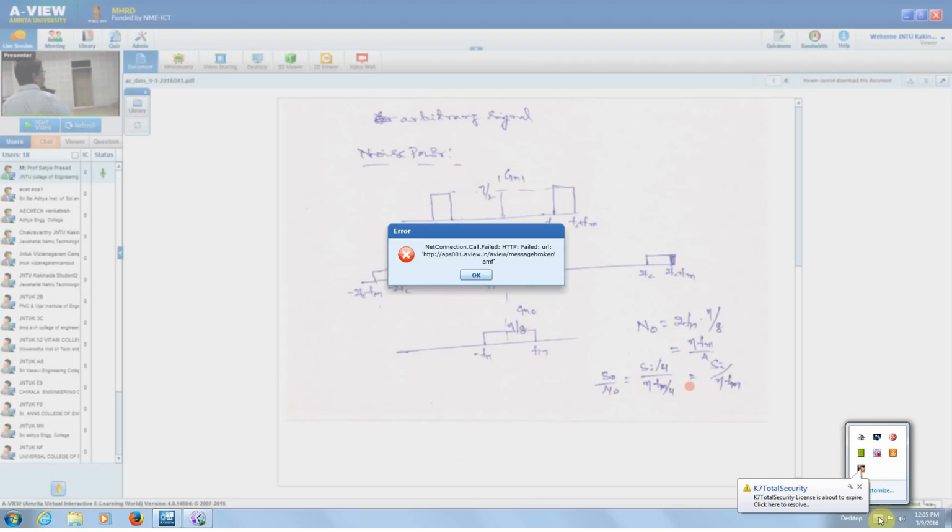We have a power spectral density of zeta by 2, and the noise power that we obtain at the output is going to be zeta FM by 4.